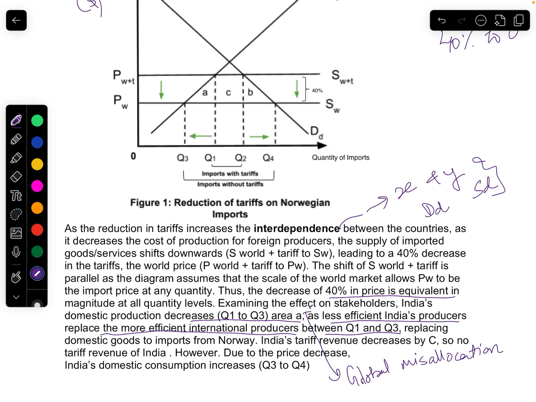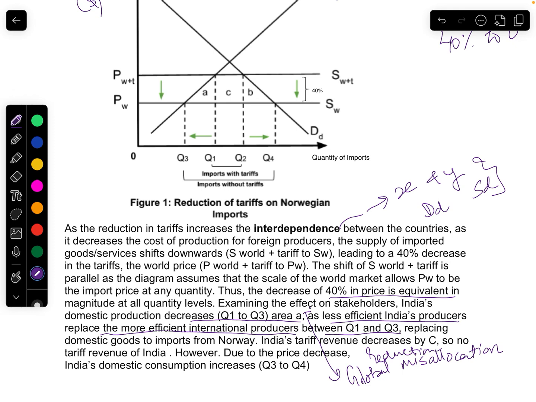So a reduction in global misallocation of resources should have been highlighted. It would be a better explanation for the graph. Although he has mentioned the words more efficient international producers, so it substitutes completely, it can be written in fewer words, which is reduction in the global misallocation. So both are correct. However, he could have mentioned it because it is one of the terminologies that we generally use for area A.